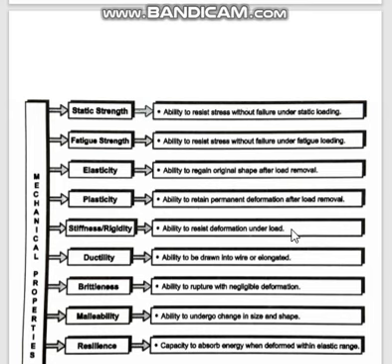If we put a load and it does not bend even a little, that means it is very stiff. A thing that is stiff doesn't bend, doesn't deform much. So this is stiffness. Stiffness is the ability of the material to resist deformation under load.